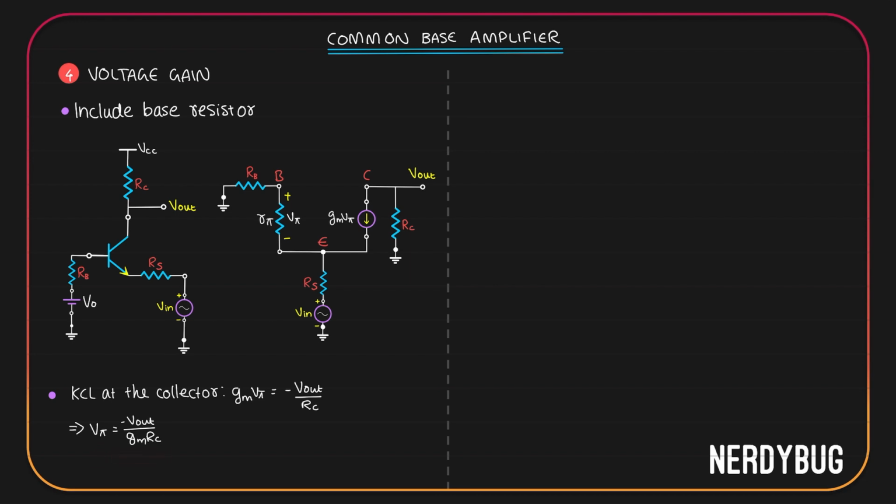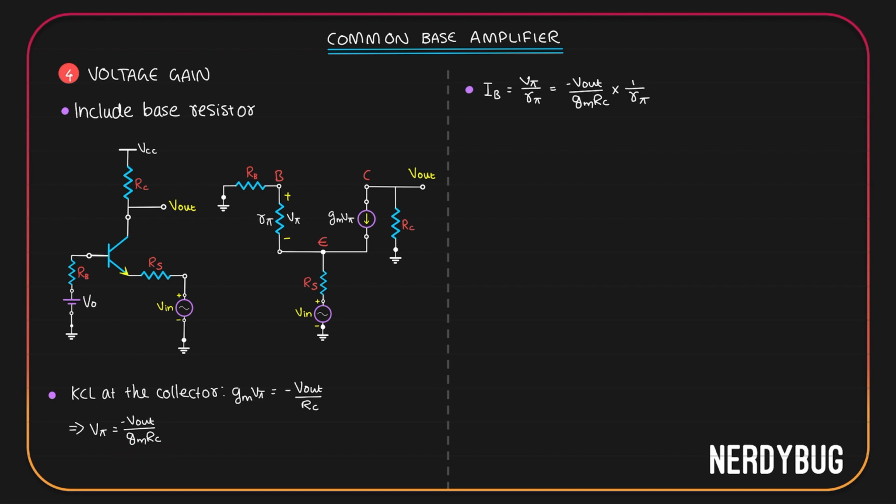Let it be there. Let us find an expression for the base current. That means the current that will flow like this. It is the current that flows through R pi who has a potential V pi across it. So base current is going to be V pi by R pi. But V pi is minus V out by GmRc.